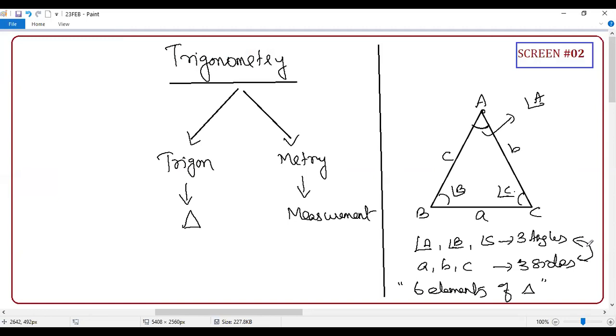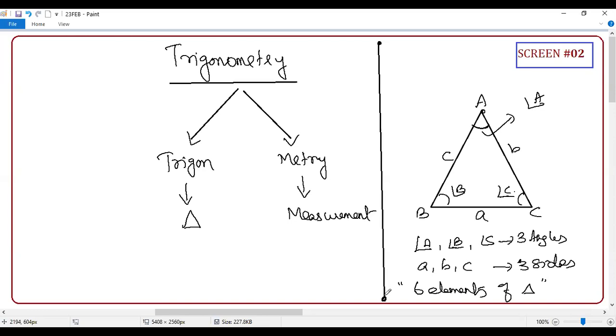Sir, it's not clear how you are saying it studies. Is there any relationship between sides and angles? Yes. Basically, trigonometry was originally applied to the right angle triangle. There is a beautiful relationship between sides and angles. Maybe I'll take you to a construction tool where I'll explain how the sides and angles are connected.